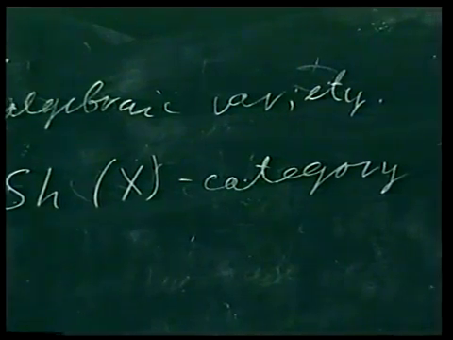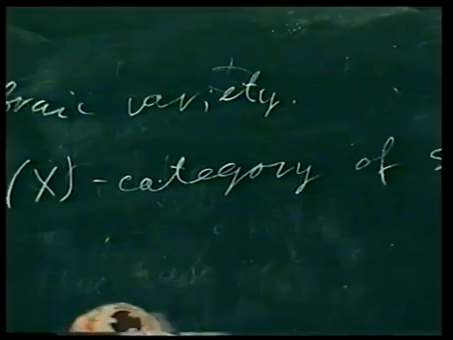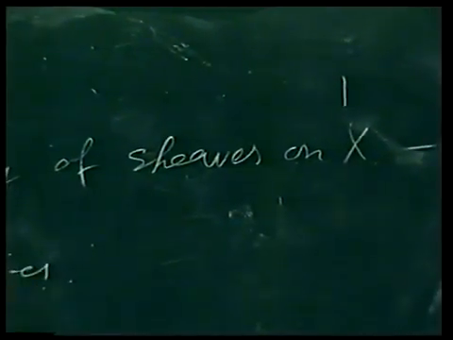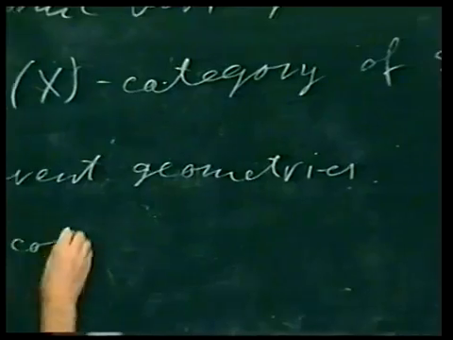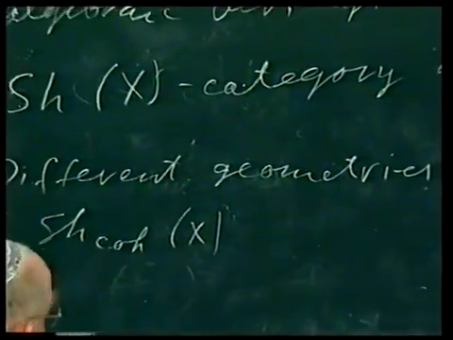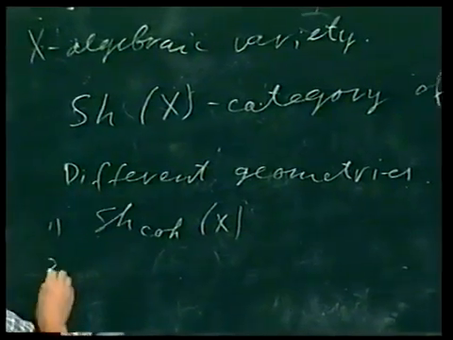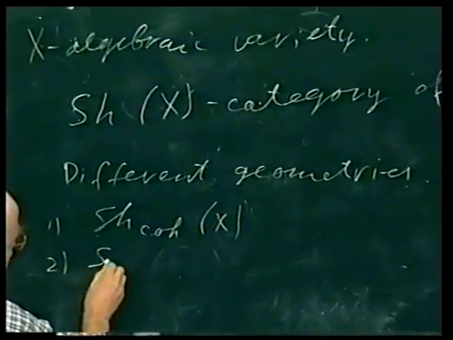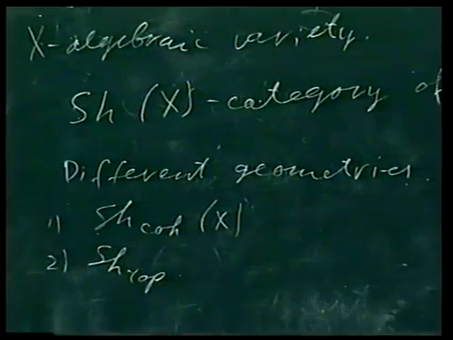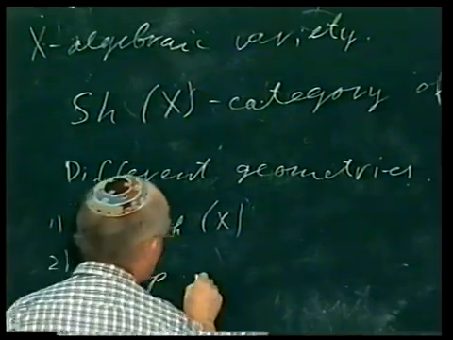So there are different geometries. Namely, you consider coherent or quasi-coherent sheaves, or you can consider topological sheaves when X is a complex manifold, or étale.